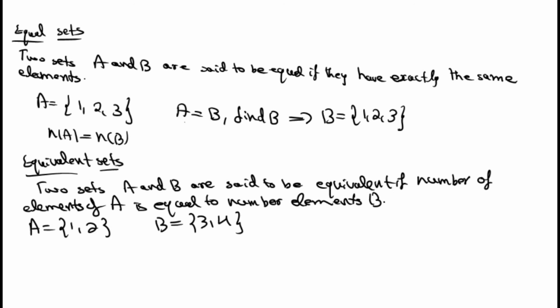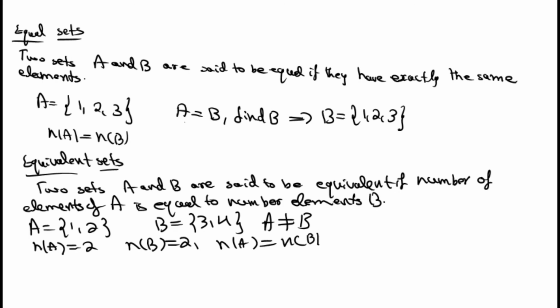Clearly A is not equal to B, because here 1, 2 elements are there, and here 3, 4 elements are there. Okay, but check n(A) is equal to 2, n(B) also is equal to 2. Here n(A) is equal to n(B). That implies A and B are equivalent.